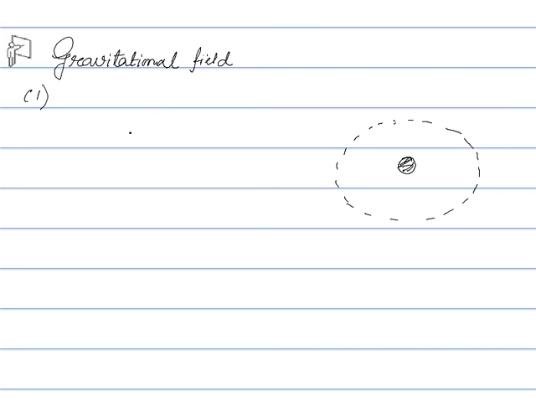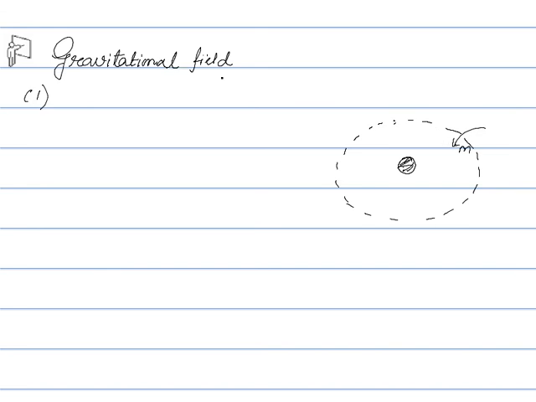Now gravitational field means when one body exerts force on another from a distance without any actual contact, this force is known as field force. The region surrounding the mass, where if another mass is kept, suppose here we keep another mass, and if it experiences a force, then we say that the region is in the gravitational field of the given mass.